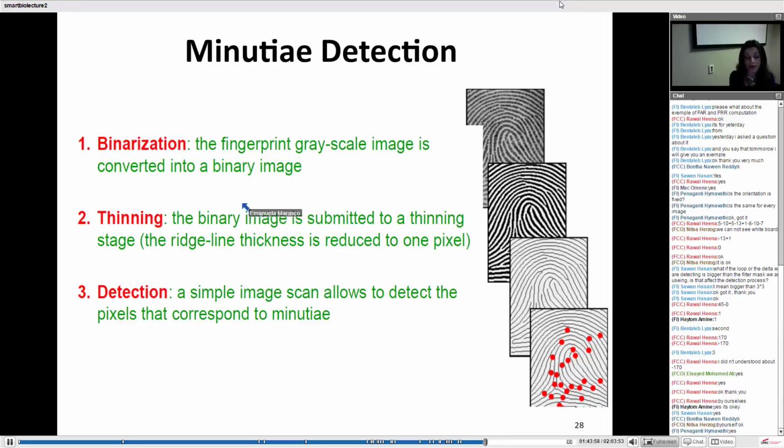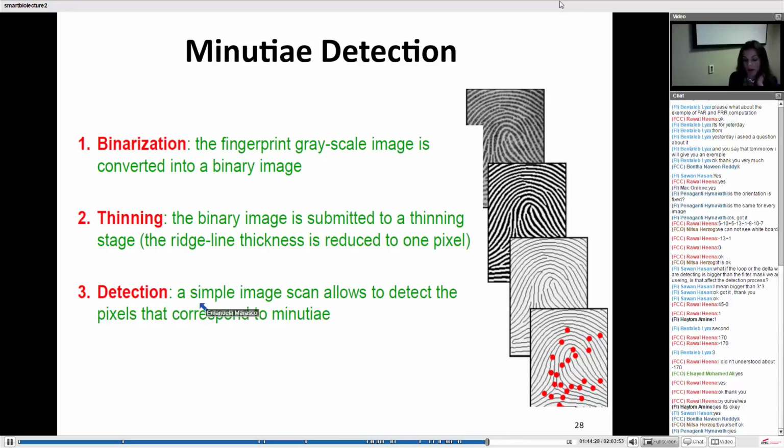We work on the binary image, the output of the previous step, and reduce each ridge to just a 1 pixel line. So from the binary image, which is the second image, to the third one during the thinning. The output of the thinning will be the third one, so we determine this configuration of the ridges.